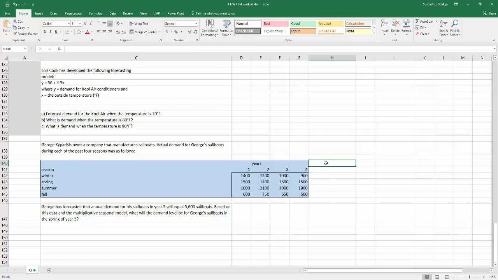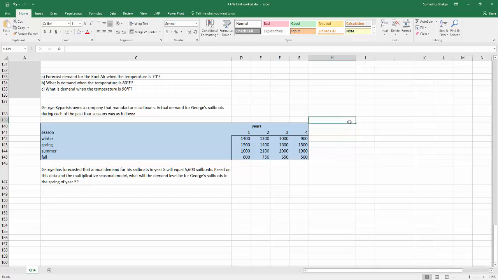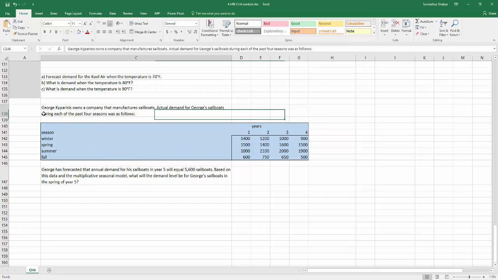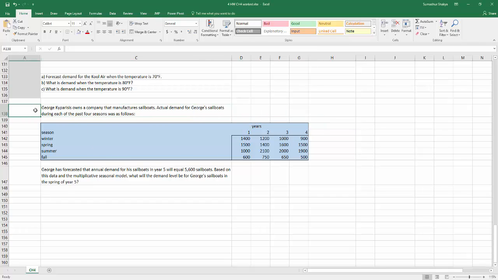Okay, so next we are going to practice seasonality, wherein first we need to calculate the seasonal index. In this case, I think this is 4.26 in the end of the chapter problem. We are given the seasonal sailboats that were sold by the manufacturer.